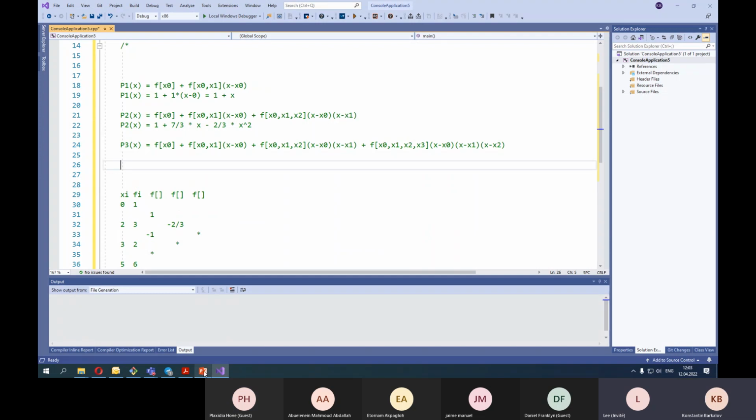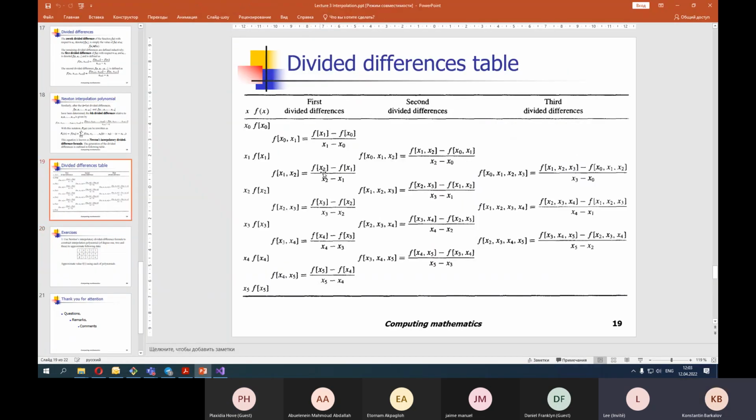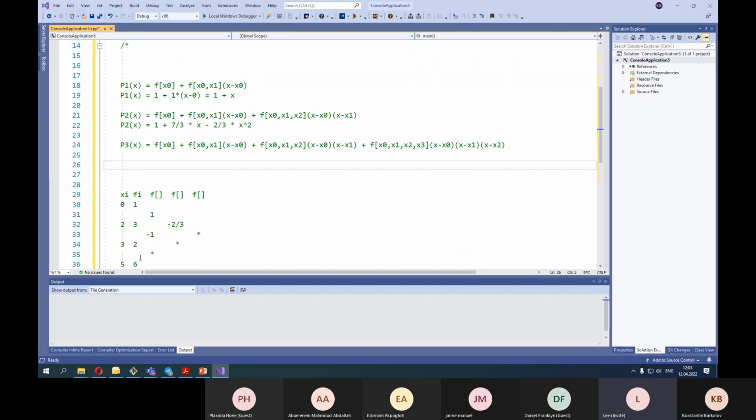You should compute f minus f over x minus x. 6 minus 2 over 5 minus 3.